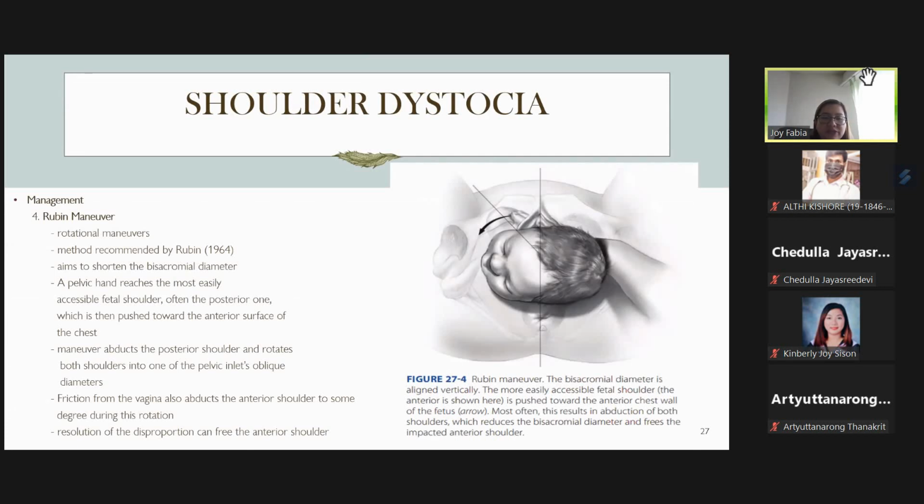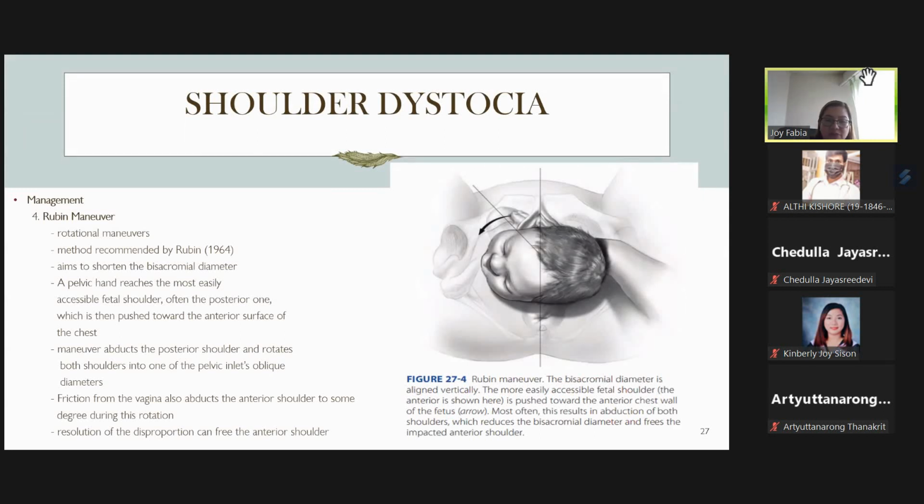If the rotational maneuvers are not effective, we can do the Rubin maneuver. This is another rotational maneuver, recommended by Rubin in 1964. This also aims to shorten the bisacromial diameter, and the hand reaches the most easily accessible posterior fetal shoulder, most often the posterior one, and then pushes toward the anterior surface of the chest.